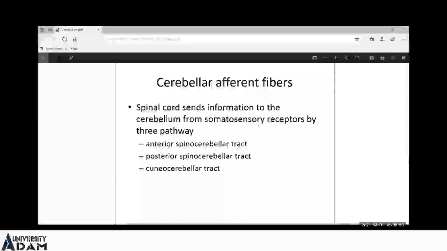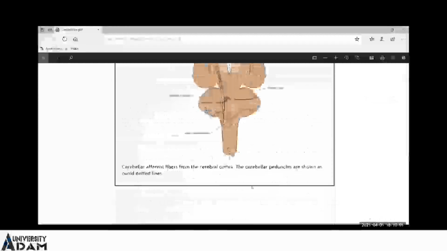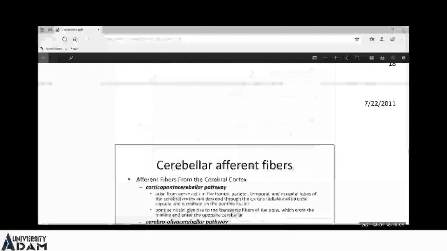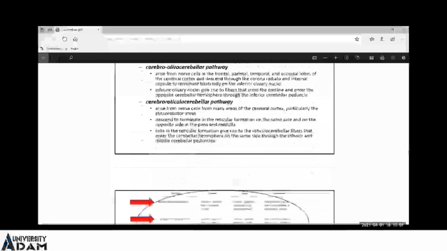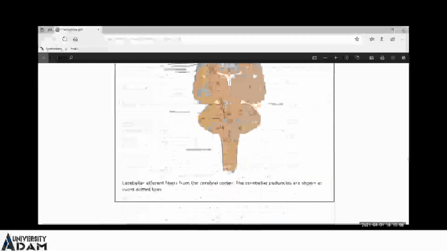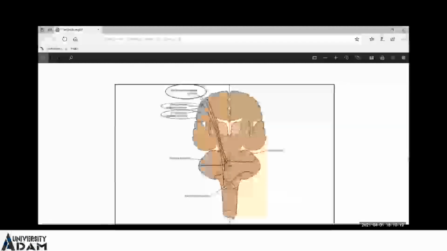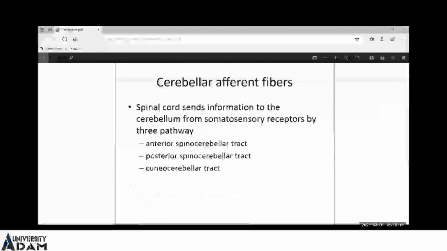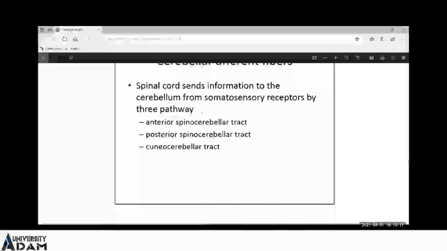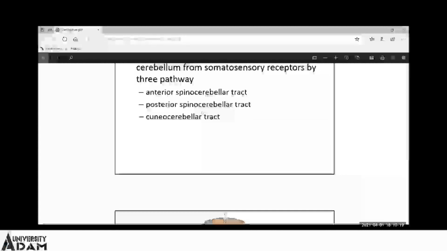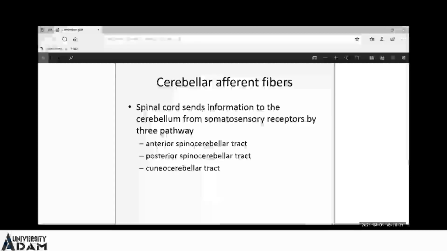Also, guys, we have the cerebellar efferent fibers. So this was what? Cerebellar efferent fibers, right? Those that start from the cortex. But also, guys, we have cerebellar efferent fibers, okay?